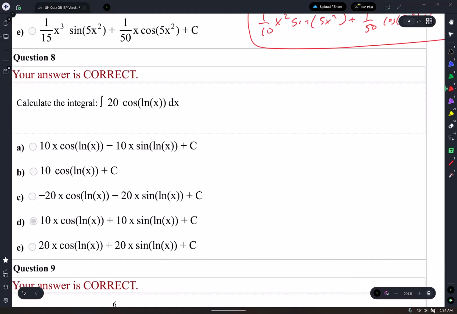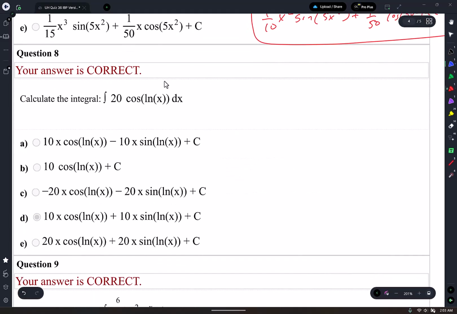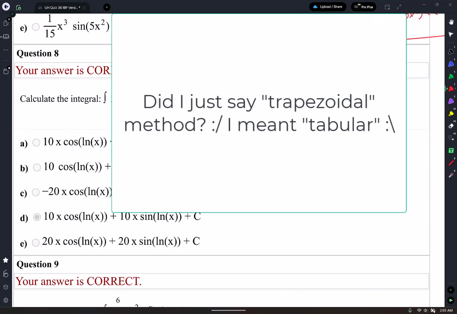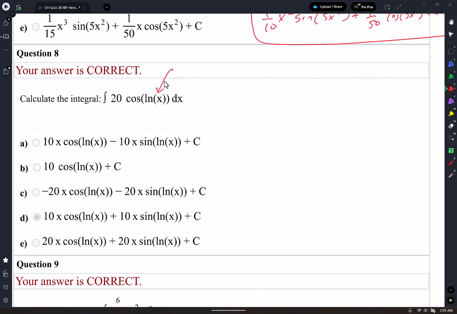All right, let's see. Again, we're going to have to do another hack, guys. With this one, we can't do the tabular method or anything like that just yet because, just like before, we need the argument of cosine to be linear. It must be a linear expression.